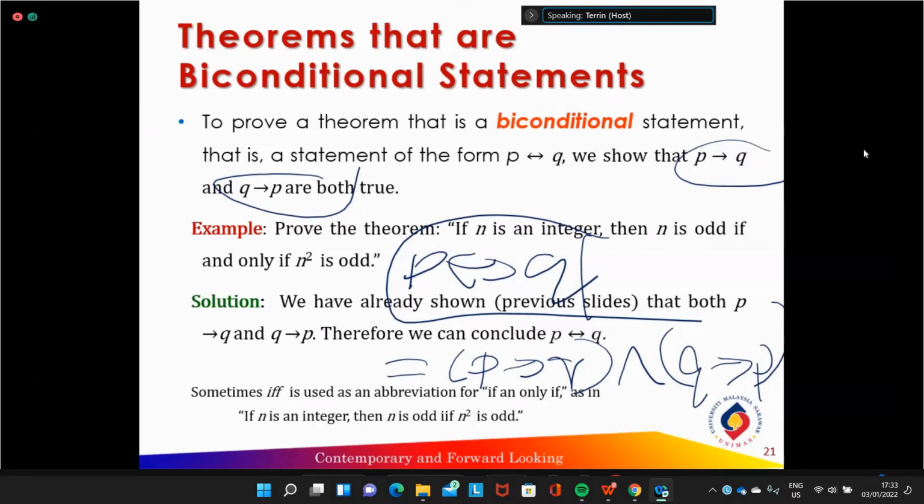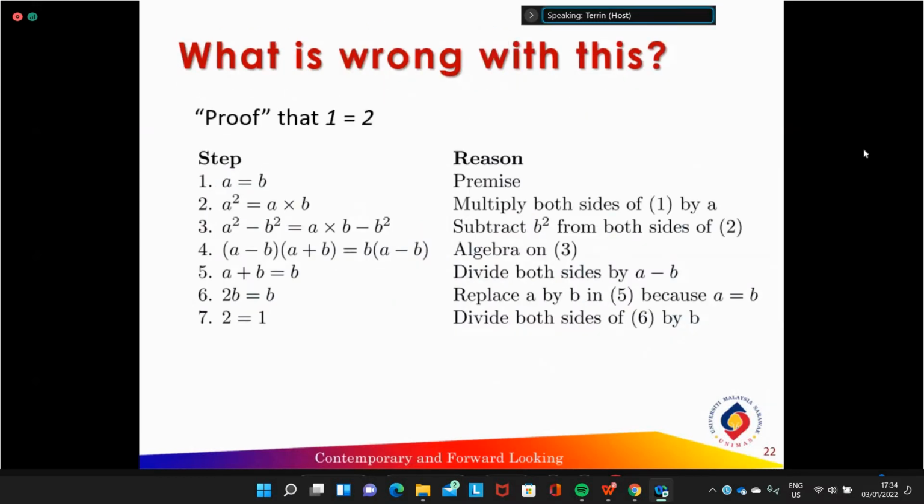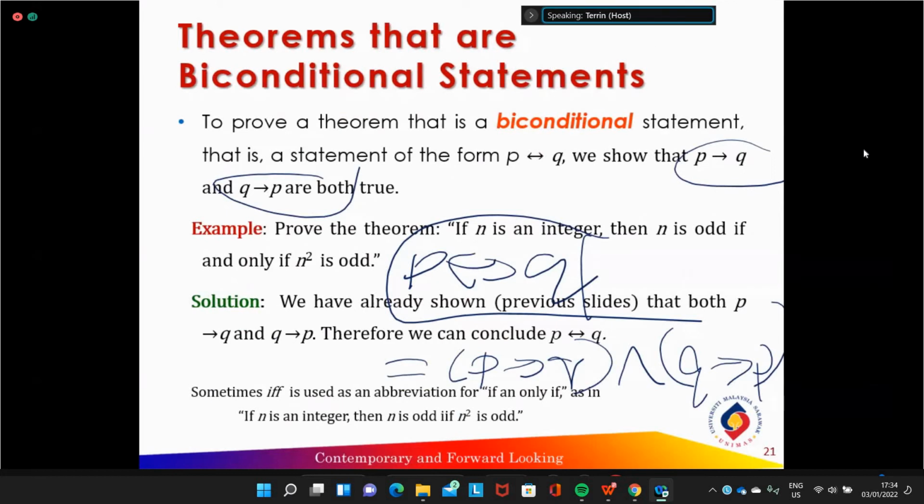P must imply Q and Q must imply P. So both have to be true. So unfortunately, in the case of any question given for here, you have to do for both.